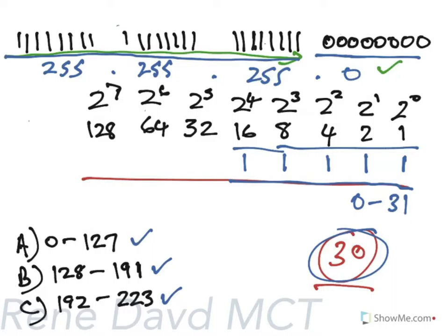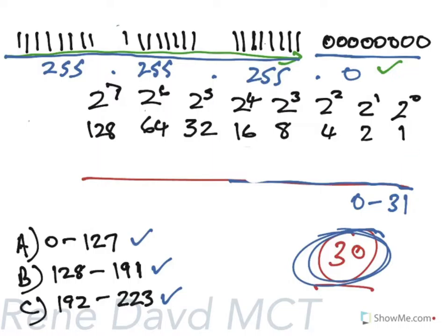So we take those 5 bits that we said we needed and specify them as host bits, which are 0. That means whatever bits are left become network bits.